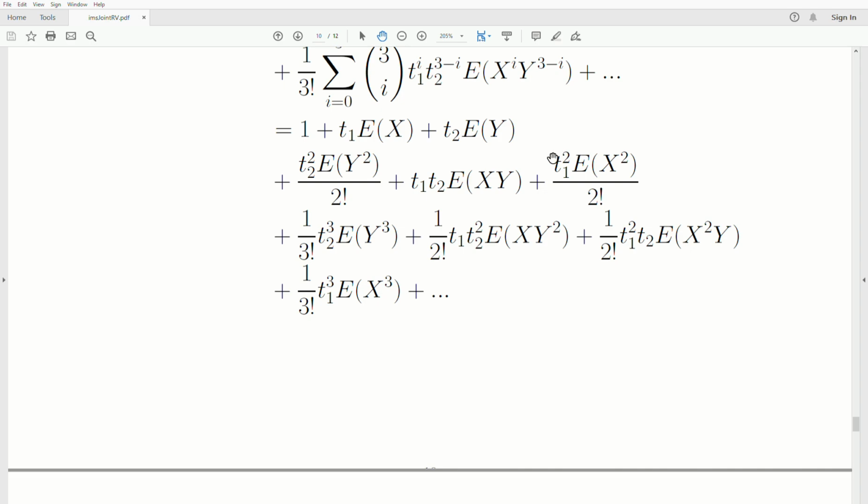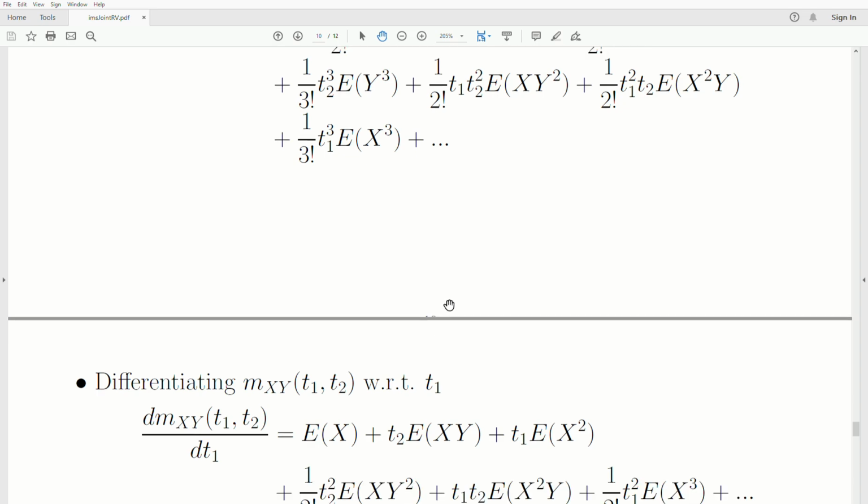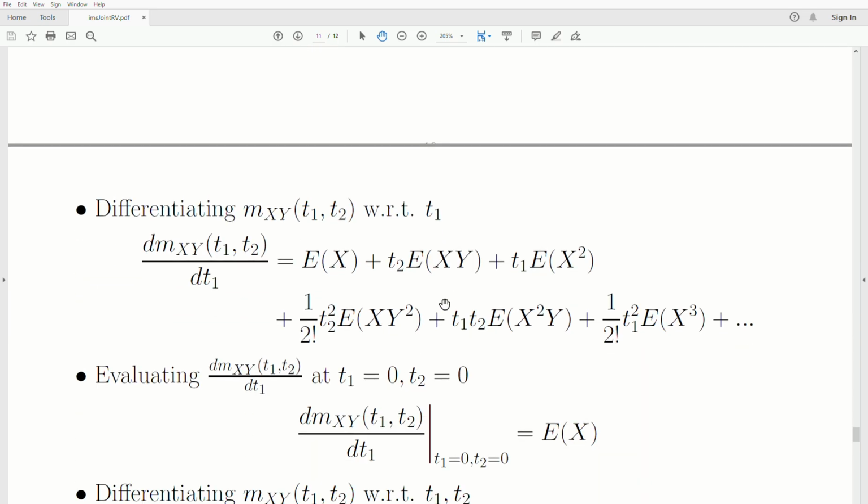Here the 2 would come out front, cancel with one of those, and we're left with t1, expected value of X squared. This term drops out. Here we would be left with t2 squared, expected value of X times Y squared over 2 factorial, and etc. So it is this term here, and that's what we would get.